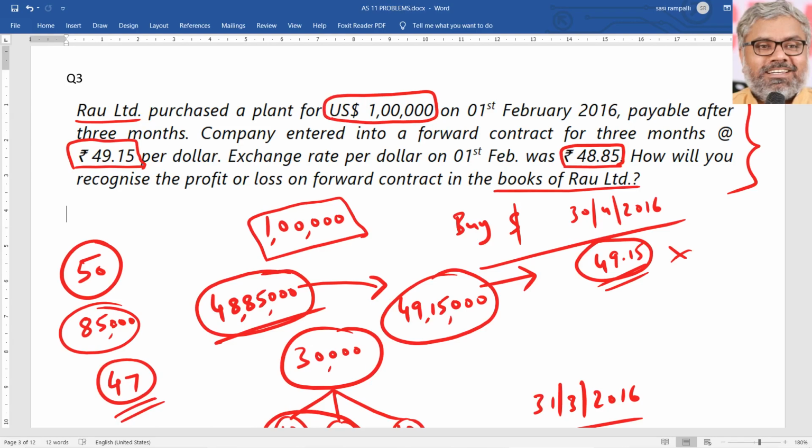There is a real liability of 1 lakh. So we cannot say the intention of Rao Limited is to make money out of foreign currency fluctuations. No, that is not the intention. The intention is to limit the losses because of foreign currency fluctuations, to fix the premium or the maximum loss that they can incur, which they have done.